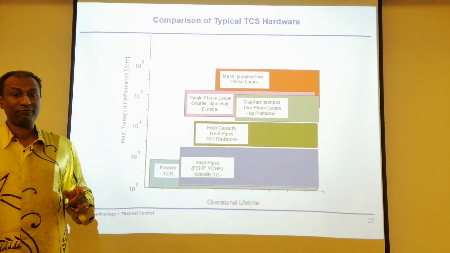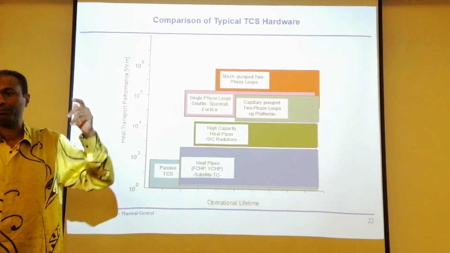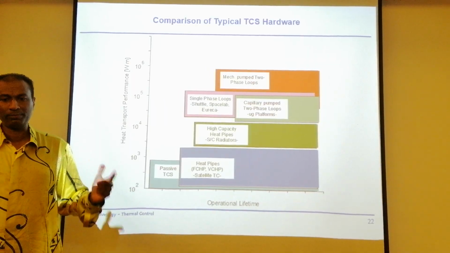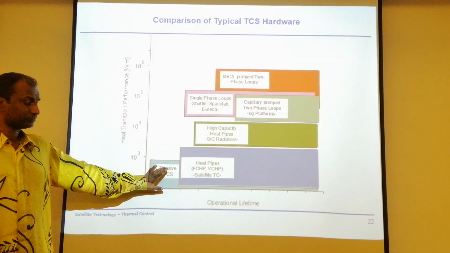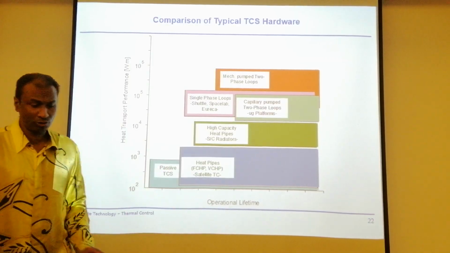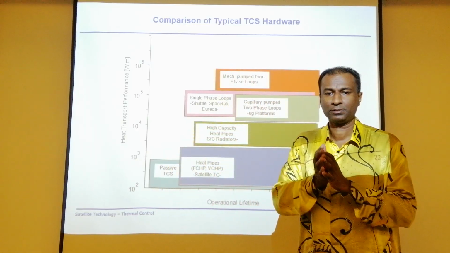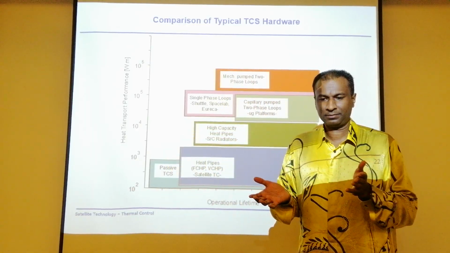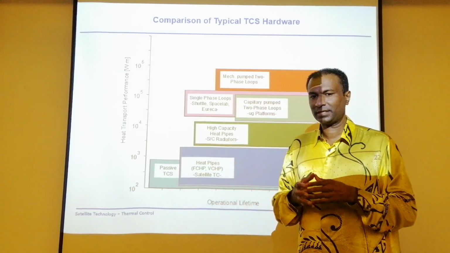If you want it to be fast, you put a pump. When you insert a pump, then it is going to be an active type. A passive type of thermal control system is not only heat pipes, but also insulation, like blankets. You have the thermal blankets, we call it. Later we will discuss thermal blankets.